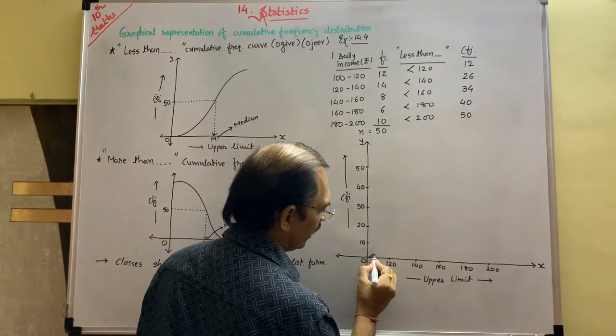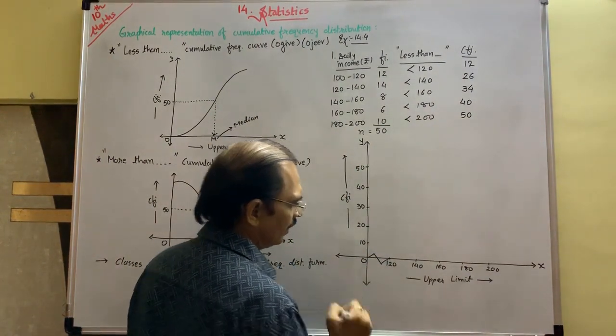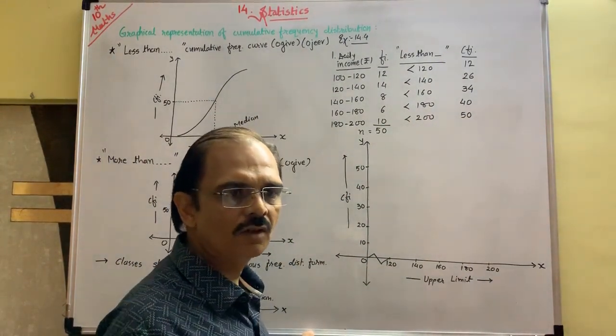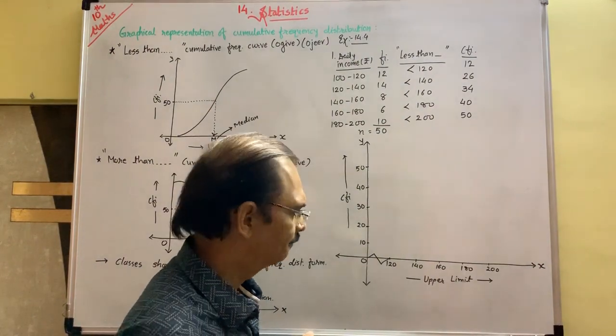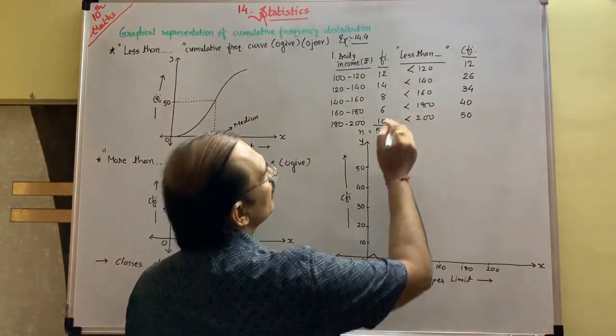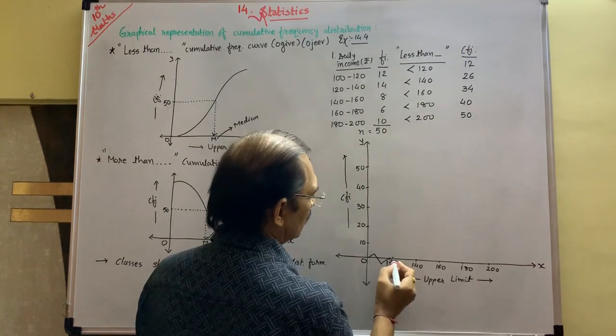So you should draw a kink. You have learned in 9th standard, kink or break sign. Now plot 120 to 12.